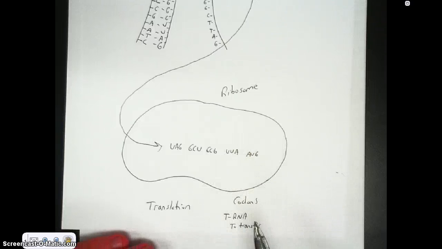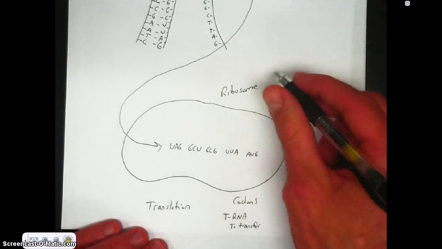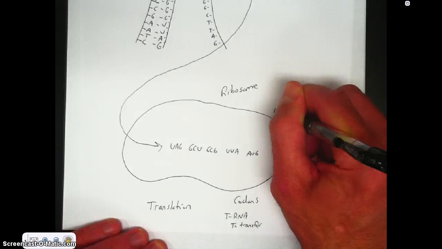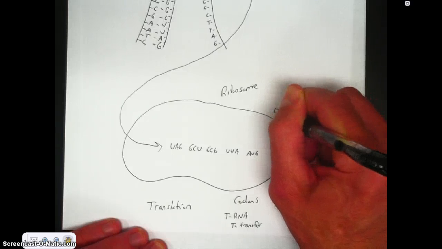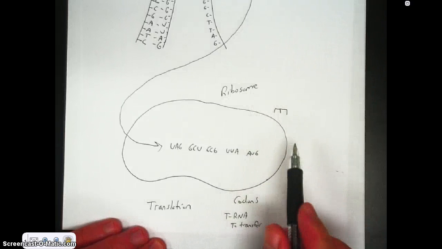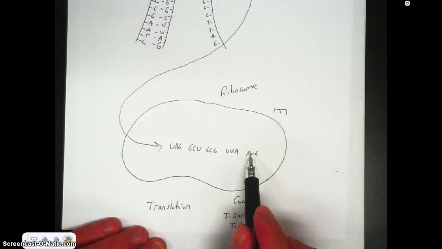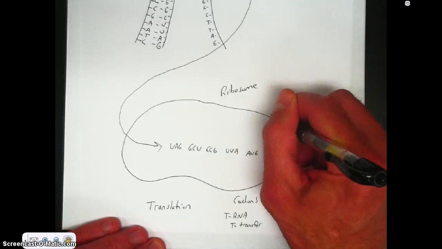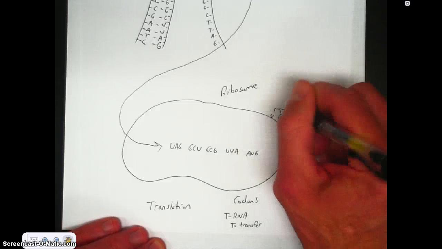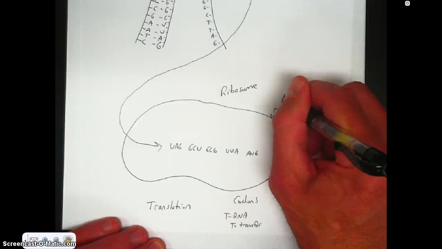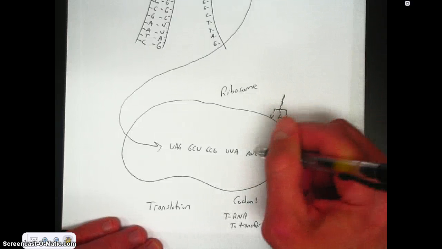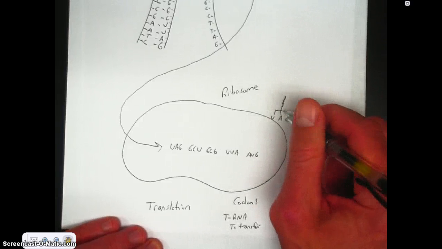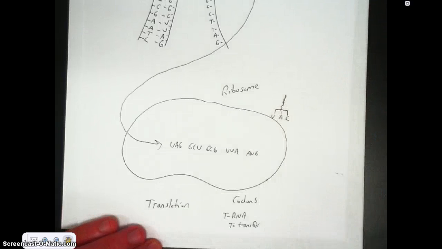So what does a transfer RNA molecule look like? Well, on the transfer RNA molecule, there is what is called an anticodon. The anticodon is the opposite of the codon. So if this were AUG, the opposite of AUG would be UAC. So when this transfer RNA molecule sees this AUG, it's going to go off and fetch whatever AUG is on the chart.